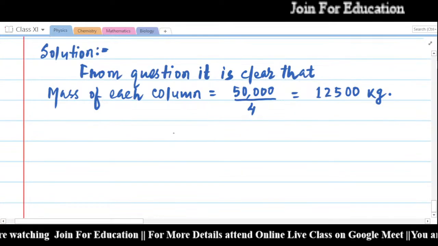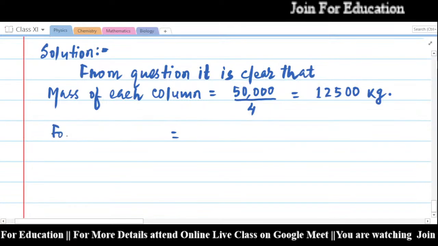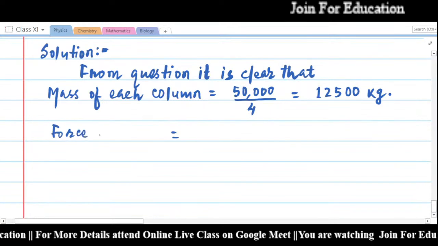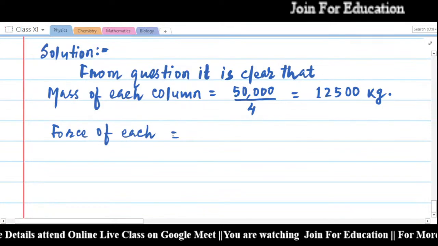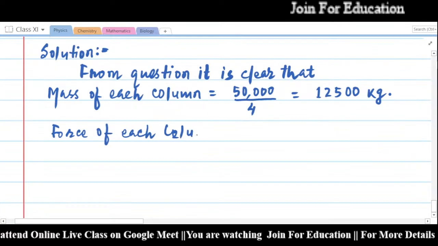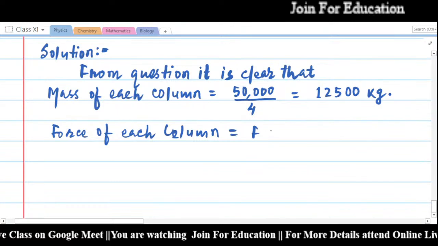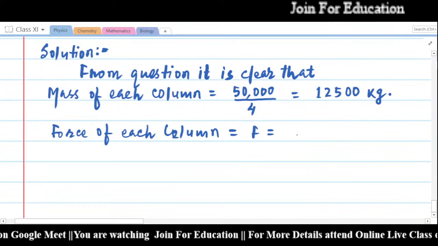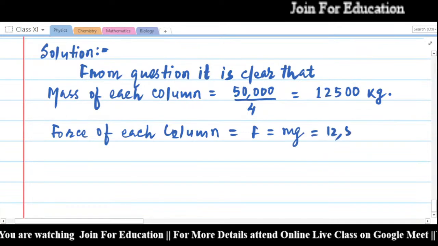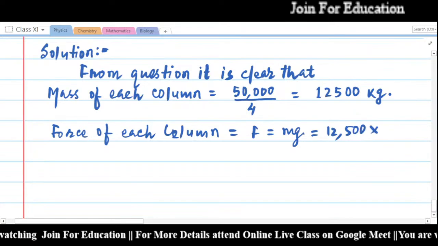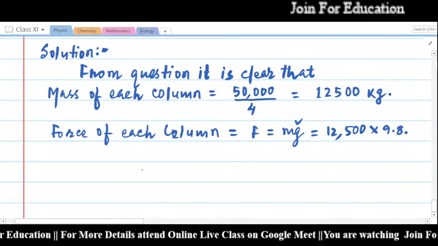So the force of each column will be F equal to mg equal to 12,500 times the value of g, which is 9.8 in the SI system.